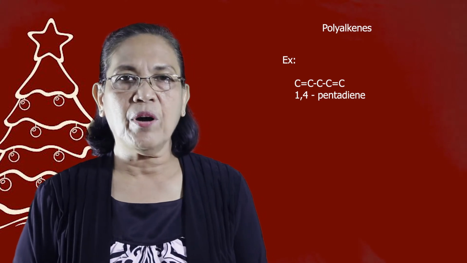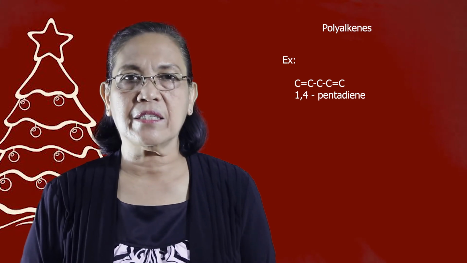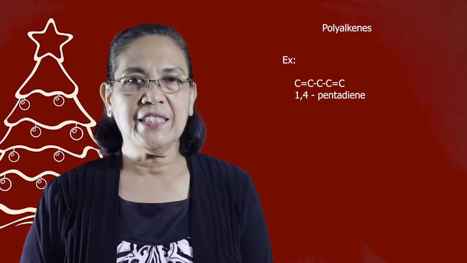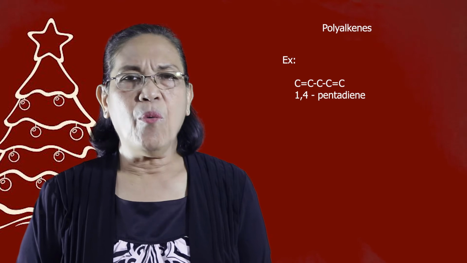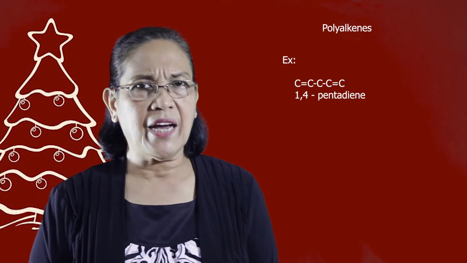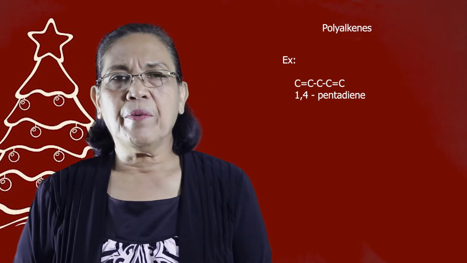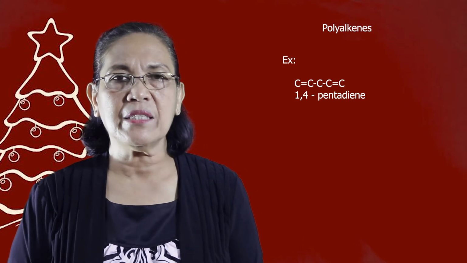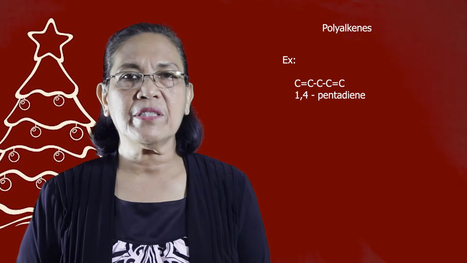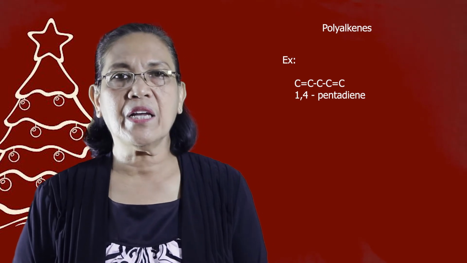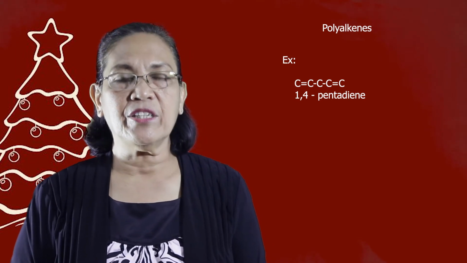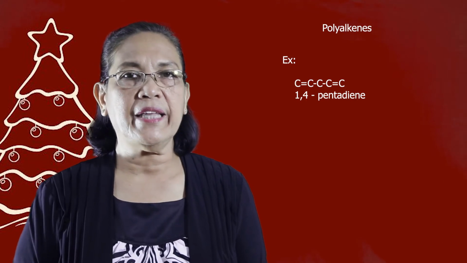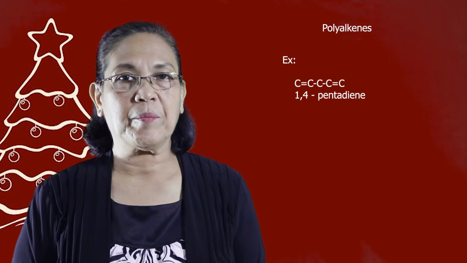So, the name of this alkene is 1,4-pentadiene. Why 1,4-pentadiene? 1 and 4 are the locations of the double bonds. Penta because there are 5 carbon atoms. Di because there are 2 double bonds. And ene because it is an alkene.